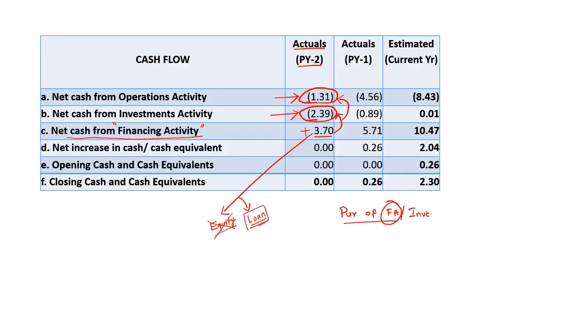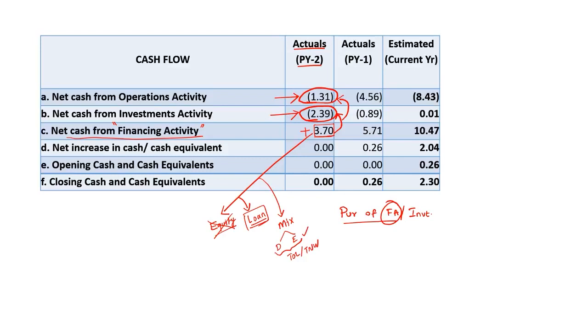So you have to look into this, from where they got this 3.7 crore, and it can also be a mix of debt and equity, and if the overall TOL by TNW is satisfactory, then the mix is also okay. So all those got to be studied.